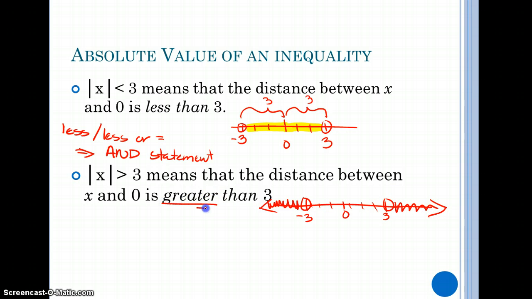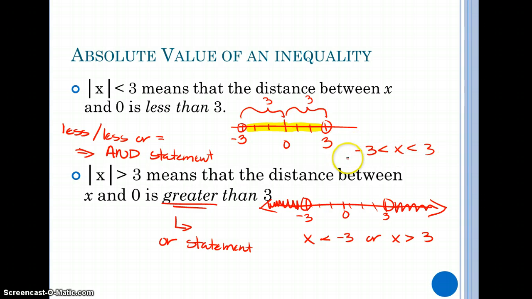So anytime you have greater than, it's always going to be an or statement. For example, this would be x is less than negative 3, or x is greater than 3. And for here, you could write this as negative 3 less than x less than 3. My arrows are in the same direction, and they are pointing to the smaller number for my and statement there.